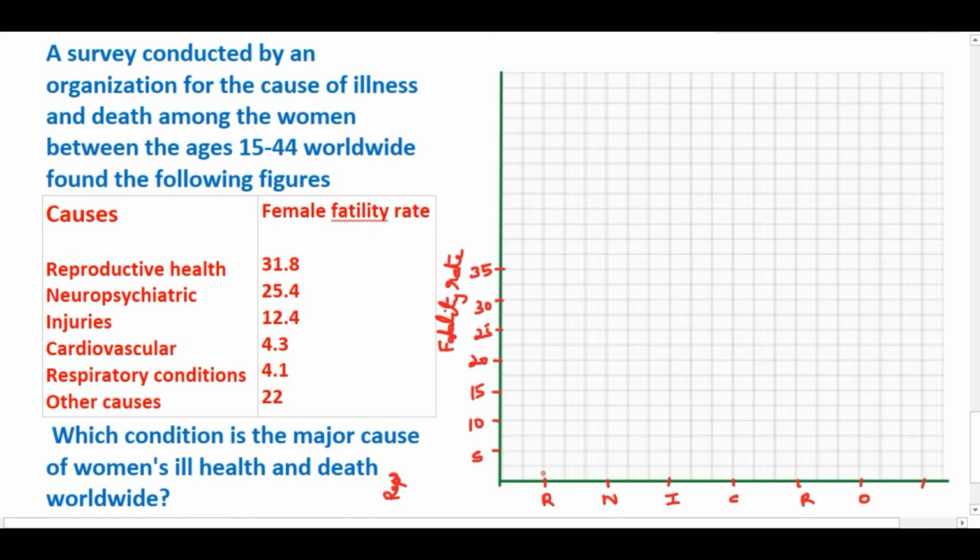Now in a bar graph, the width of the bar should be equal, and there should be equal space between the consecutive bars. So first one is 31.8. So we can draw near to 32. Again next one is 25.4. So 25 point 4.